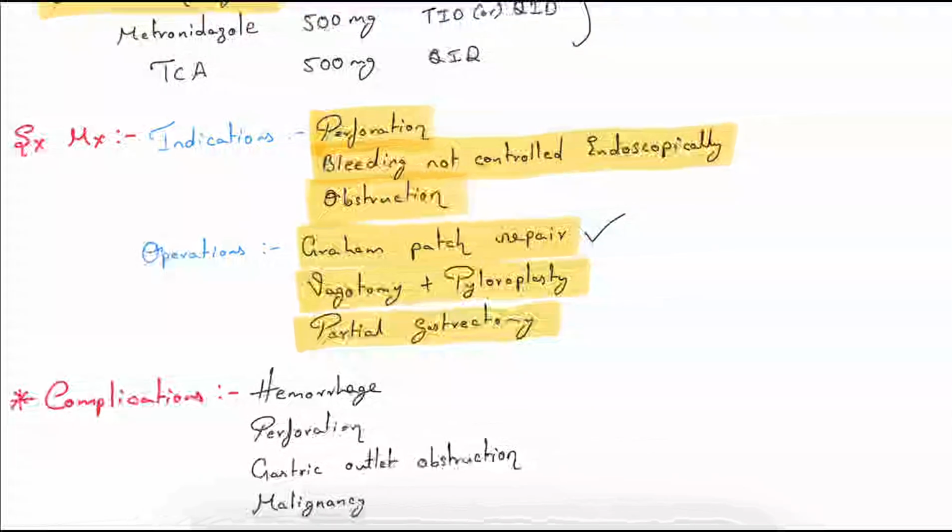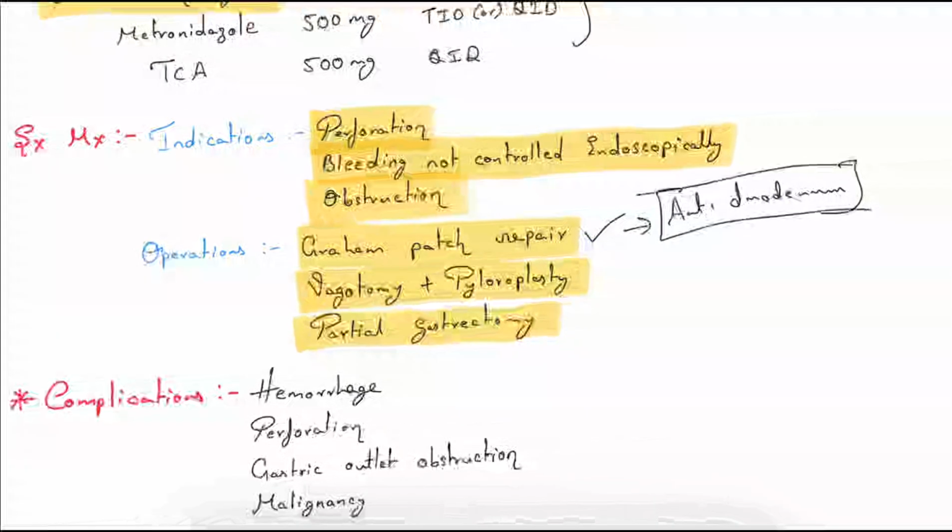First of all, the surgeon will do a midline laparotomy to access the peritoneal cavity. Then they will identify the perforation. Mostly we see this perforation in the anterior duodenum, because this is the most common site of duodenal ulcer perforation.